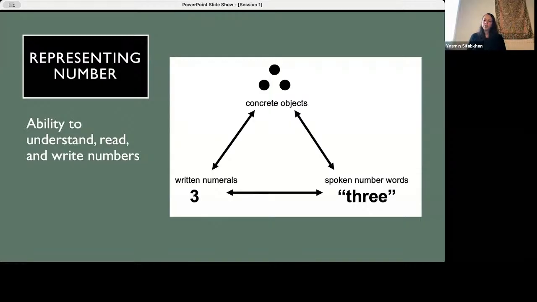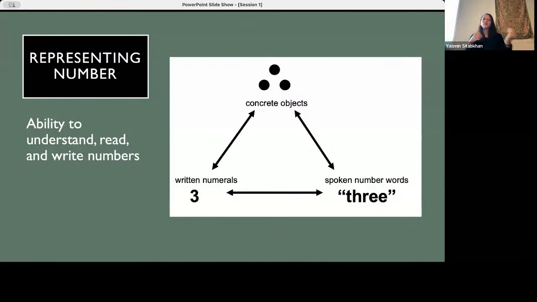In the early years, the most useful activities help the children connect the written to the concrete to the spoken. The concrete to the spoken is the first connection that develops. Developmentally, it's the objects to the number word, and then the objects to the symbol. And the written to the spoken is actually the last one to develop.